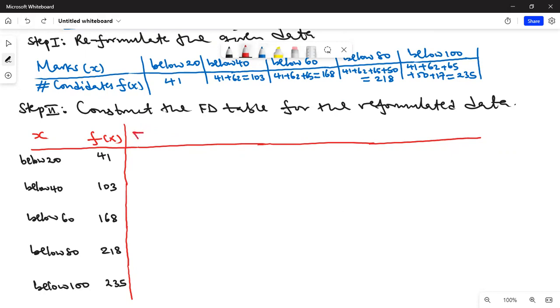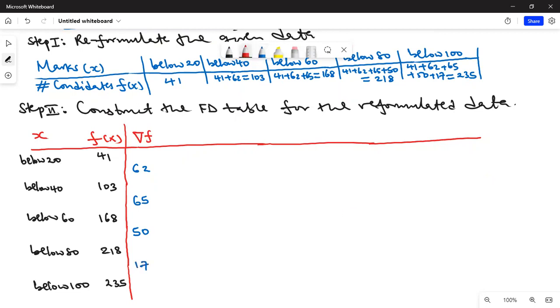So the backward difference of f, when you subtract 103 minus 41, that is 62. 168 minus 103, that is 65. 218 minus 168, that is 50. And finally, 235 minus 218, that is 17.